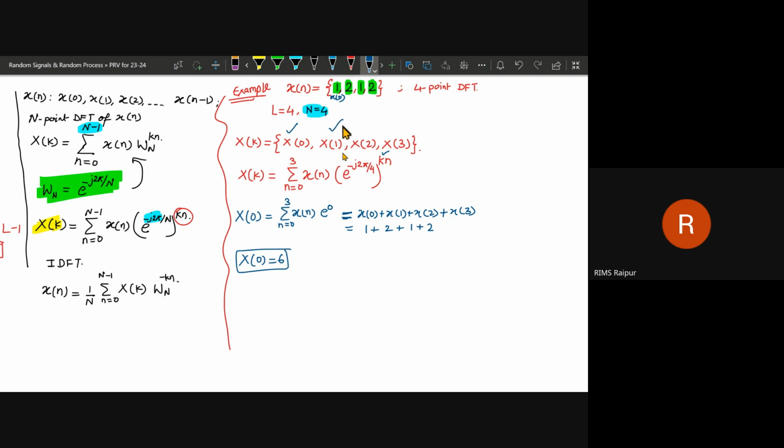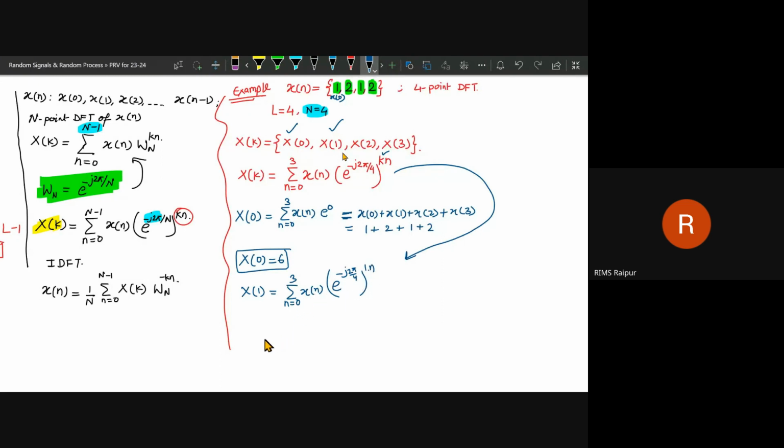Next, we have to find x of 1. So to find x of 1, simply this expression will be changed like this. Summation n is equals to 0 to 3 x of n e raised to power minus j 2 pi by 4 whole raised to power 1 into n. Correct?